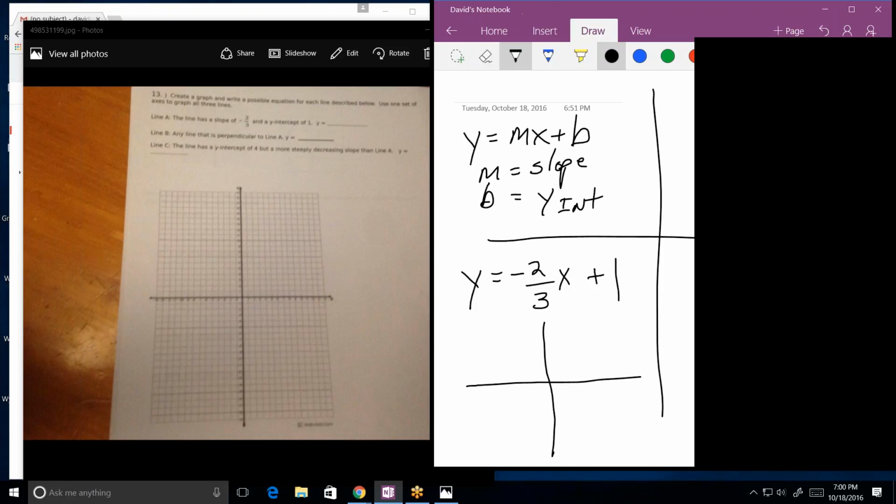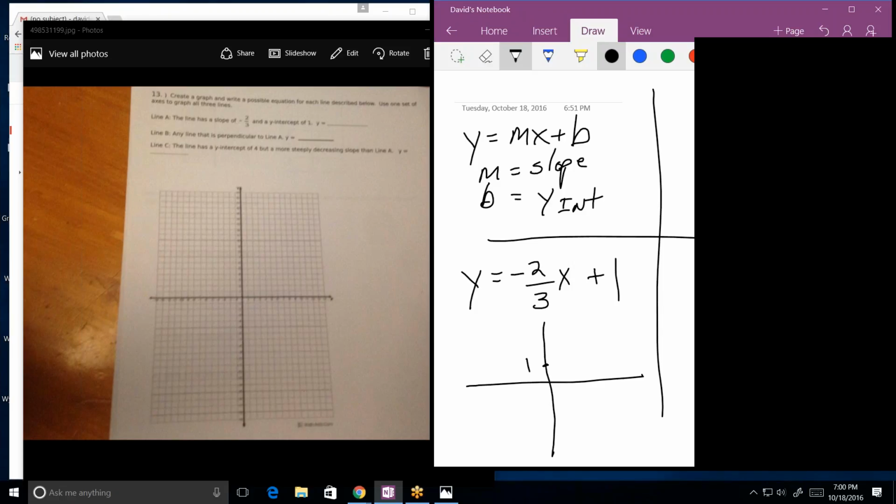Where do you start with your graph? On the y-intercept, at 1. We know that point is on the line. Now, we need one more point. Well, I know the slope. How do I get another point? Remember, it's rise over run.